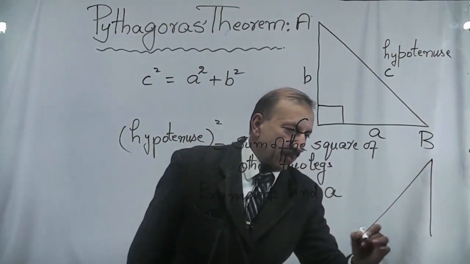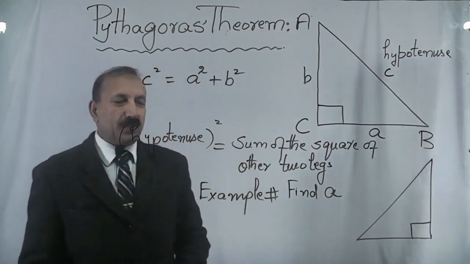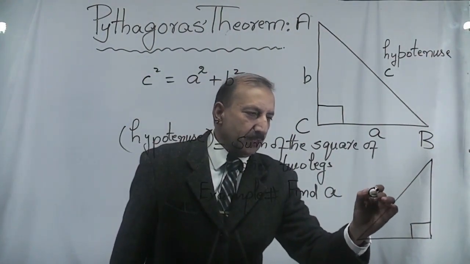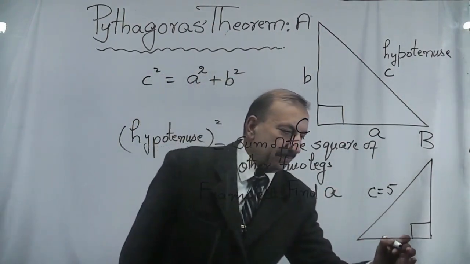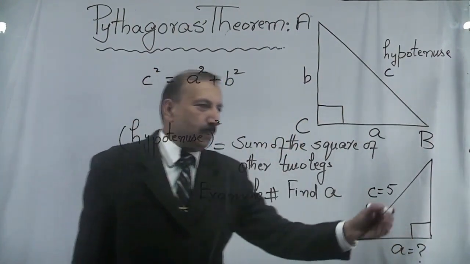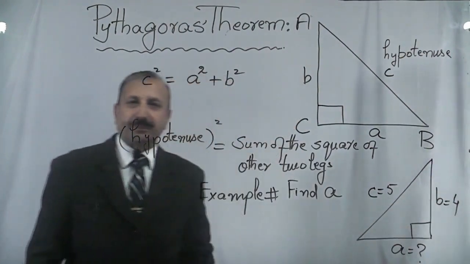Like for example we have a given right angle triangle in which we have given some values. Here C is equal to 5. Here A is equal to question mark, and here B is given as 4.